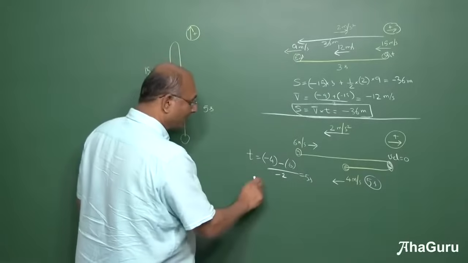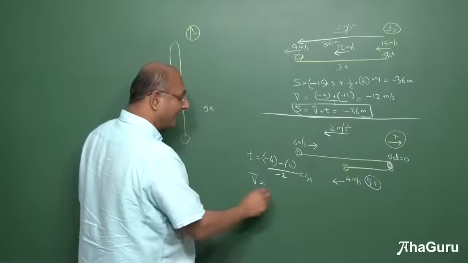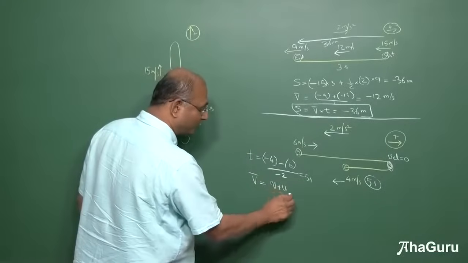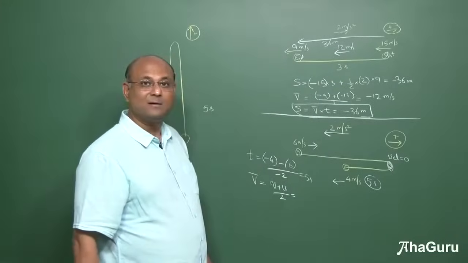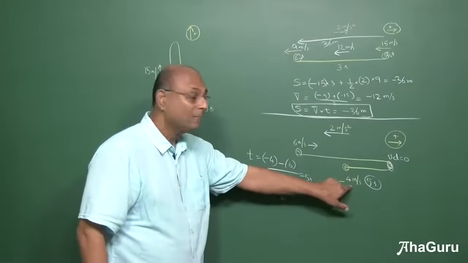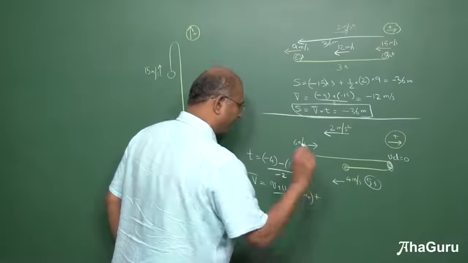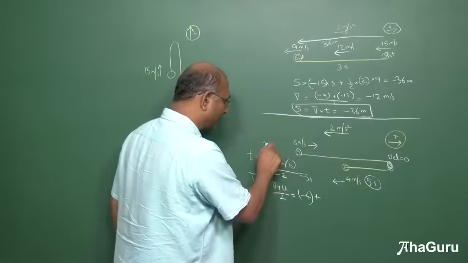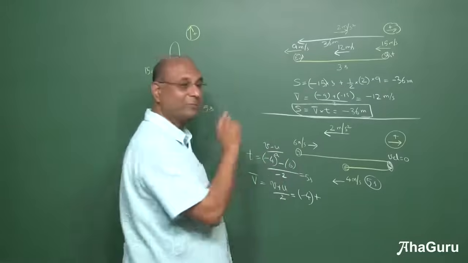Okay. Now, what is the average velocity? Now you have to be very careful. Average velocity is v plus u by 2. What is v? Minus 4. This is v minus u by a, and this is v plus u by 2.